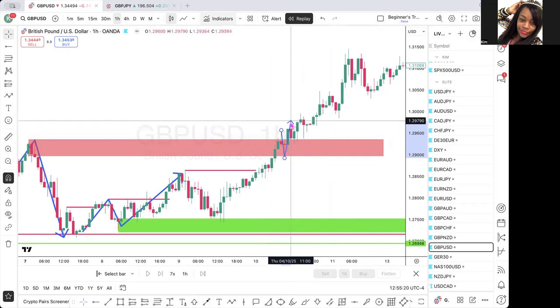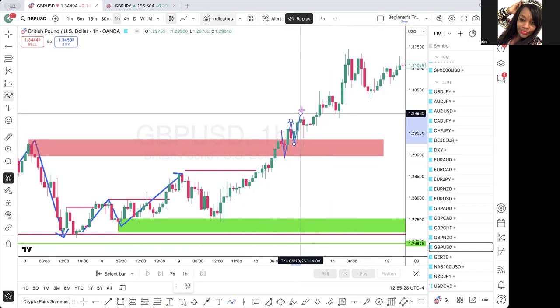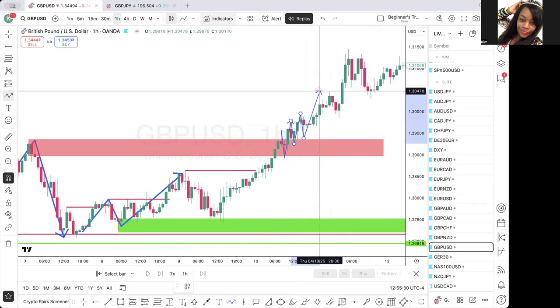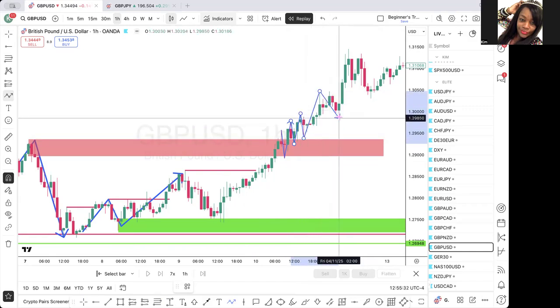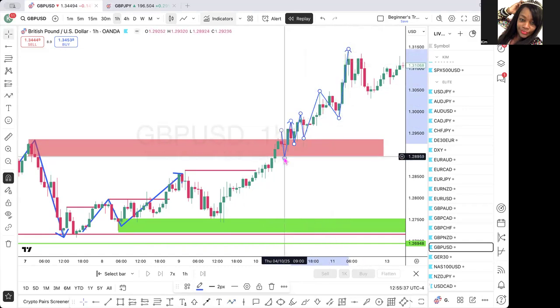So we had this push up and then this pullback, then this push up and this pullback, and then this push up. Price is never breaking these lows.